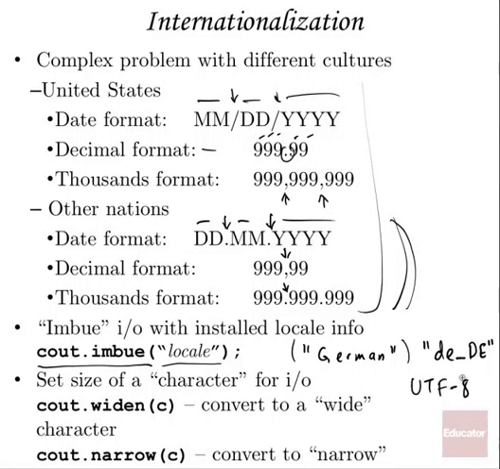You can have occasions where you can widen a character to convert it to a wide character. Narrow goes from wide to narrow. But this is done on a character by character basis, a little bit troublesome. If you need to handle international character sets such as the Asian characters, you're probably better off finding a library and calling it, which will probably override the input and output file streams and the IO streams in order to handle your international character sets.